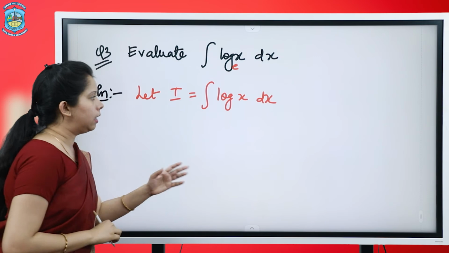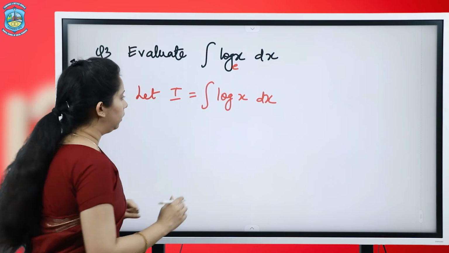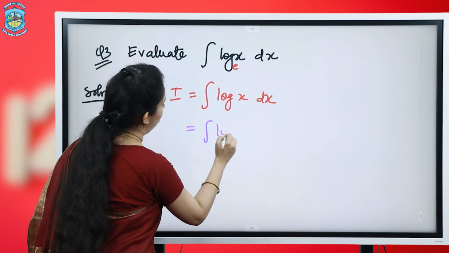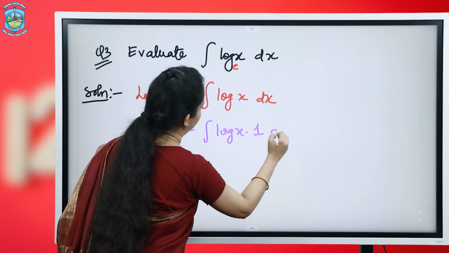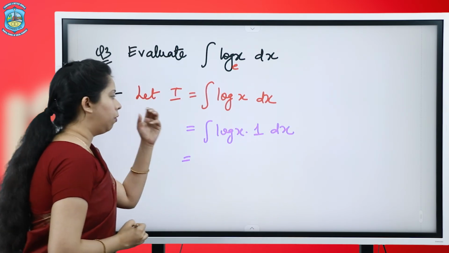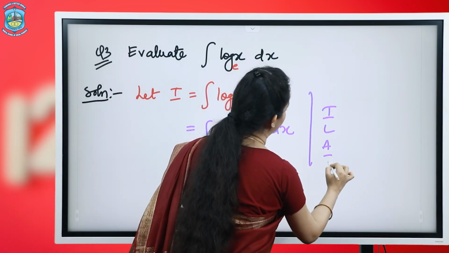Since we don't have any formula for log x, we will multiply this function log x with 1 and select the first and second function with the help of the ILATE rule.